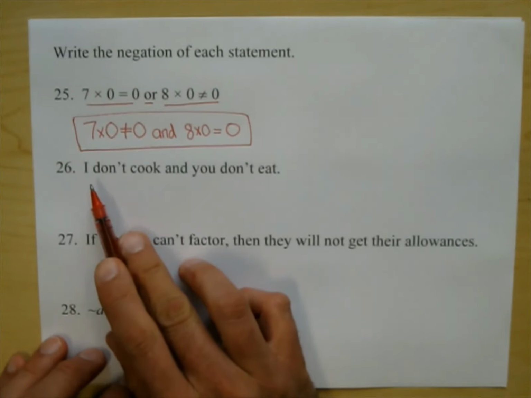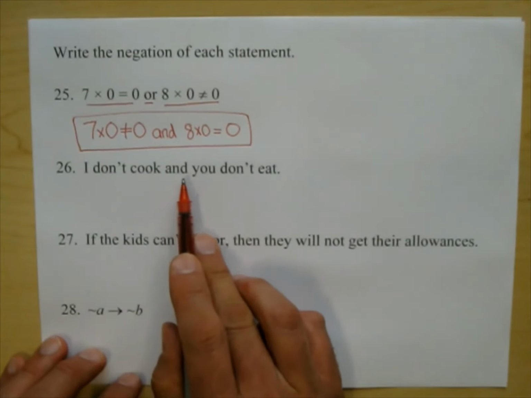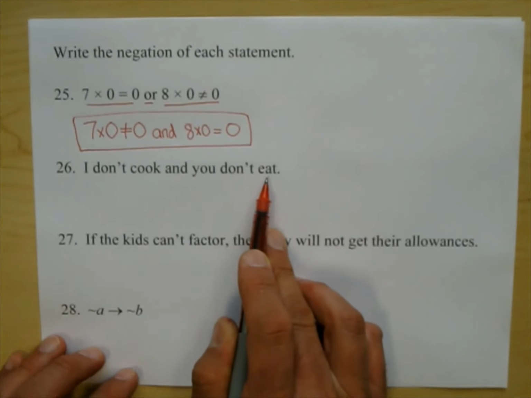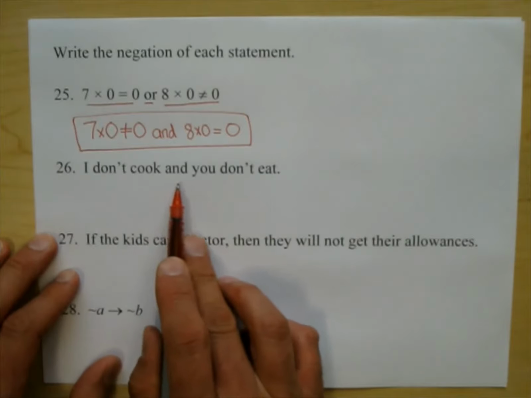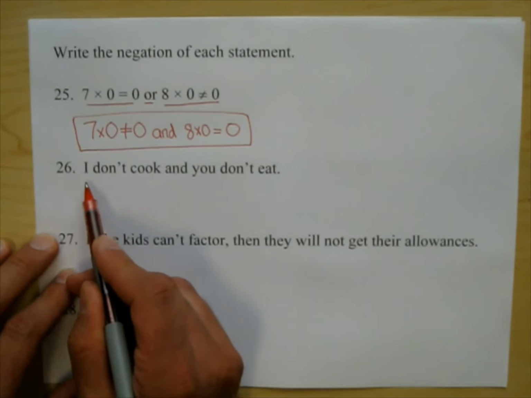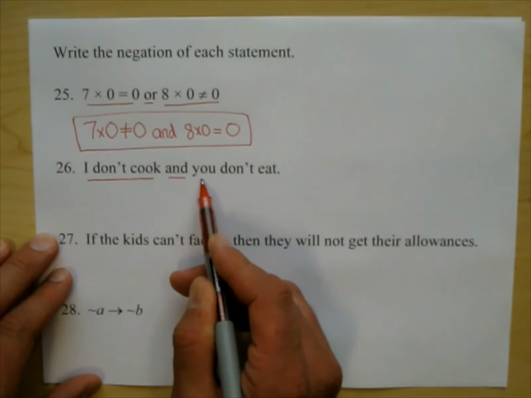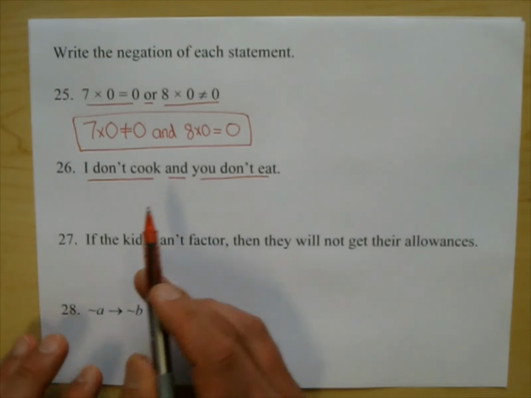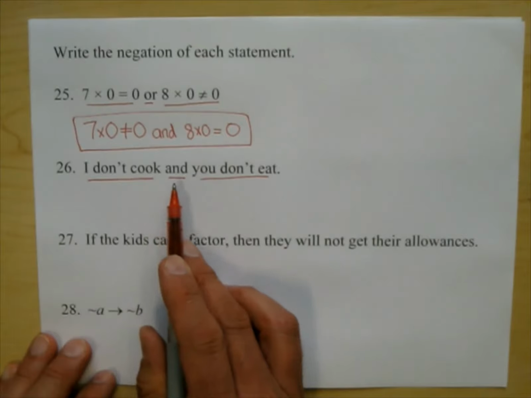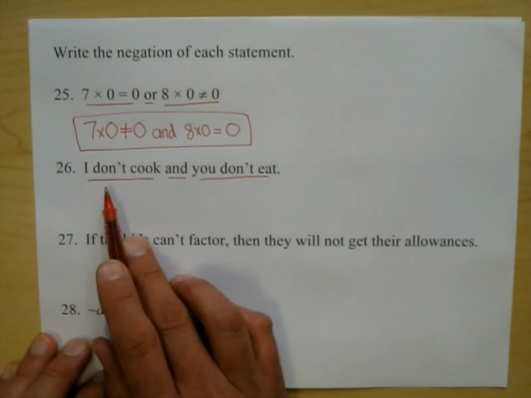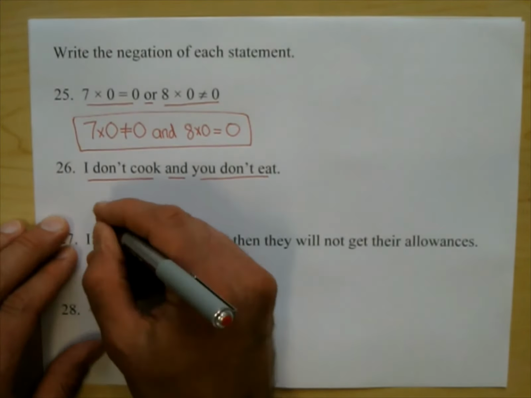Okay, the next one. I don't cook and you don't eat. Well, this is a statement that has an and in it, so we're going to do De Morgan's laws again. So I'm going to underline the three things that I'm going to take the negation of, and I do the negation of each of these. So the negation of I don't cook is I cook.